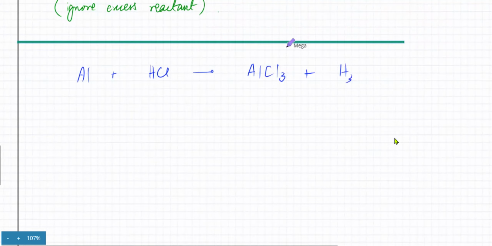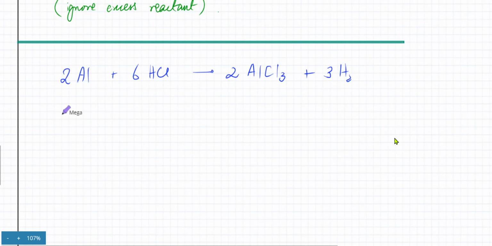Now, to balance the hydrogen, there would be three H2 and six HCls, two AlCl3s, two Al. So this is your reaction. Quickly do the calculations.